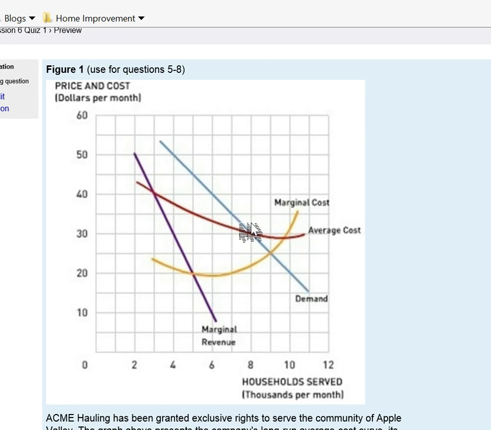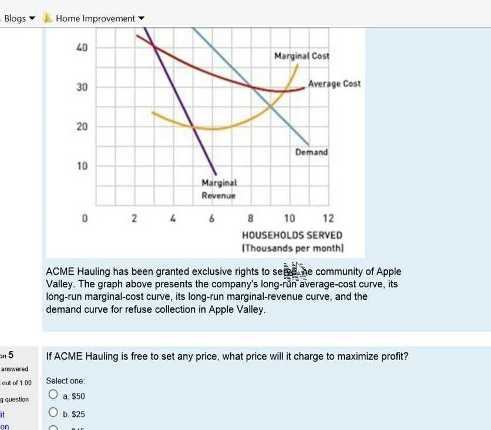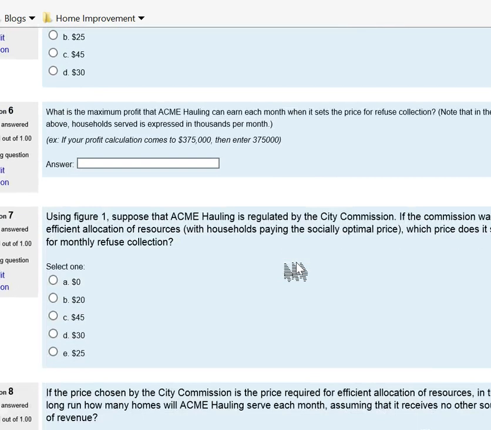So here's the clue here. Treat the marginal cost curve as the supply curve. If you treat the marginal cost curve as the industry supply curve, you should be able to answer that question, because in perfect competition, the market supplies where supply equals demand. So that's what this is asking right now.